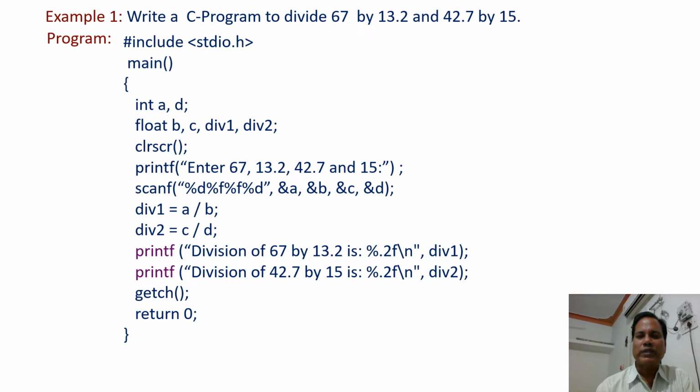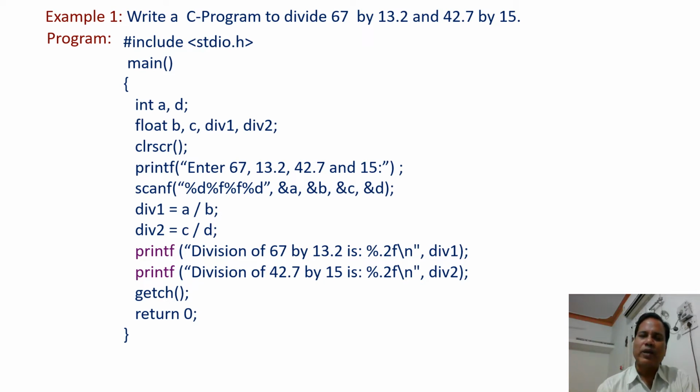Then these two results are printed on the output screen using the next two printf statements. The first printf statement prints the division of 67 by 13.2, with percentage point 2 f. At this point, the compiler searches for the float variable, and the value of variable d1 gets printed.